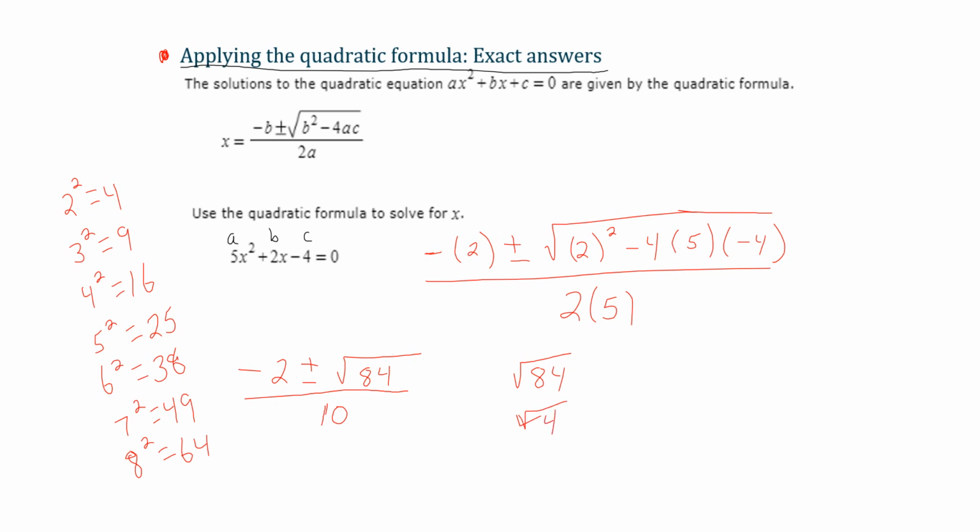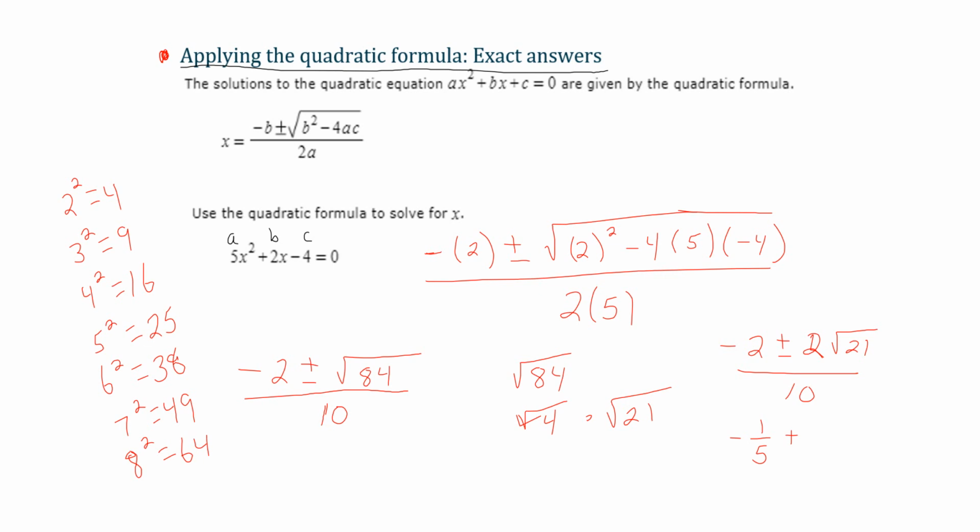You get negative 2 plus or minus 2, because that's square root of 4, square root 21 over 10. But then we can reduce this to negative 1/5 plus or minus square root of 21 over 5.